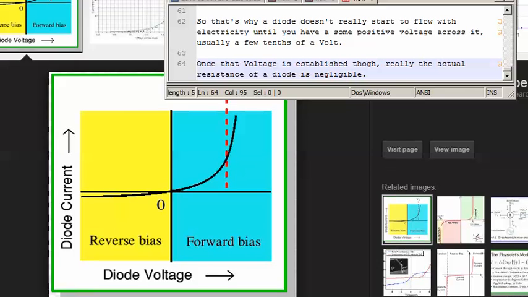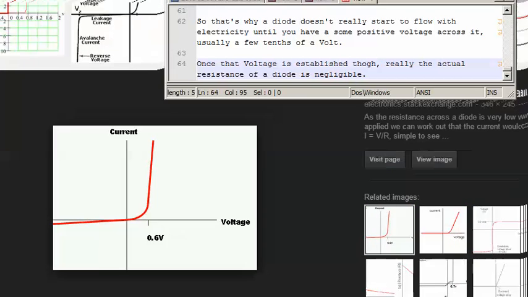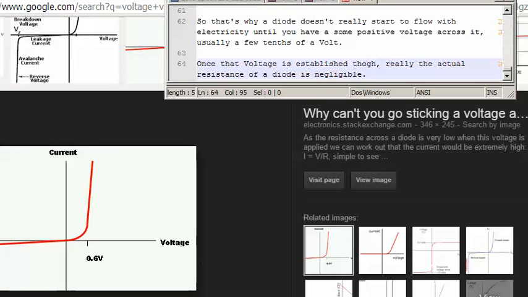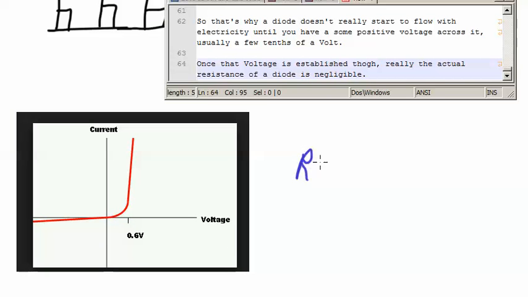Looks like it's an exponential curve. Here's another one with a diode around 0.6 volts. And this shows that the current actually does flow in the opposite direction, but it's a very high resistance, because resistance equals voltage divided by current.